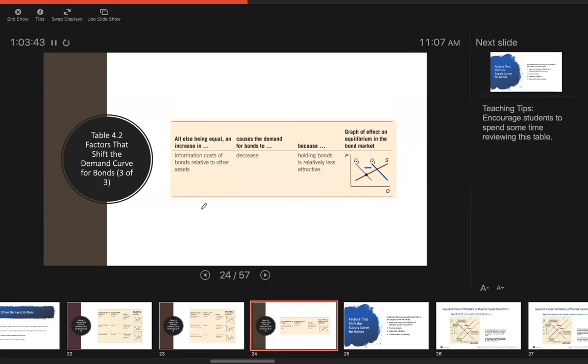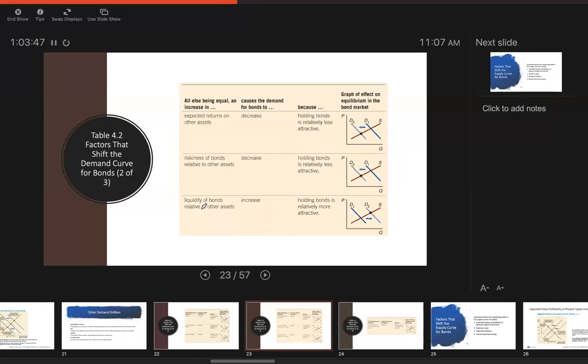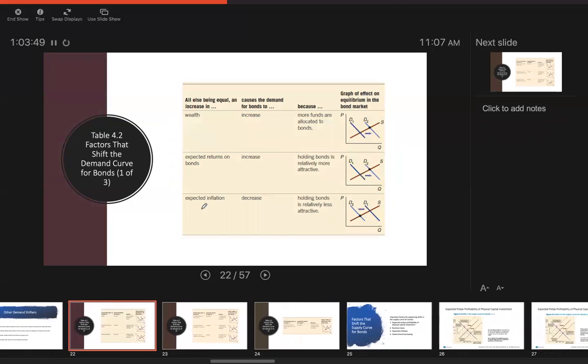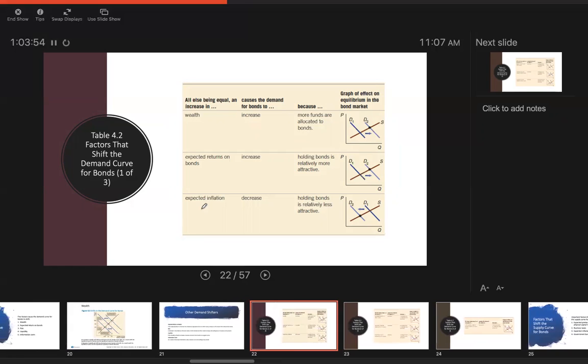Okay. So those are the factors. So these three slides that I have are the crucial things for you to understand, right? Increase in wealth increases demand for bonds, and an increase in demand is represented by a rightward shift in the demand curve. Increase in expected returns on bonds increases demand for bonds.